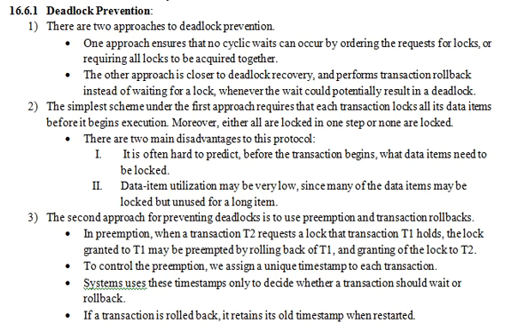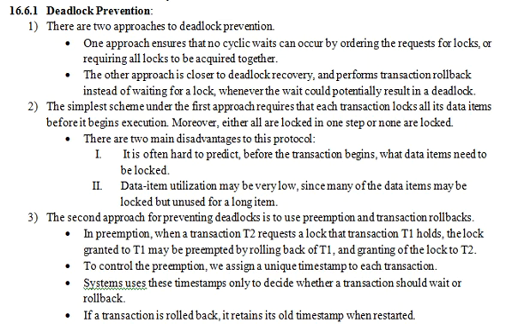Now be ready. The first point: there are two approaches to deadlock prevention. One approach ensures that no cyclic waits, underline that, no cyclic waits, can occur by ordering the requests for locks.